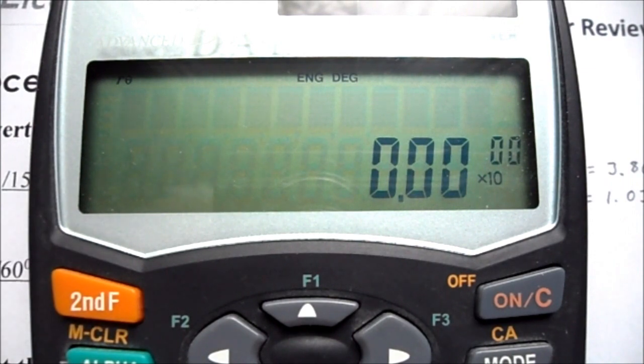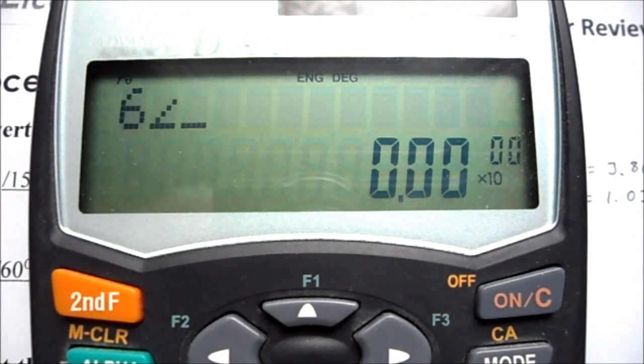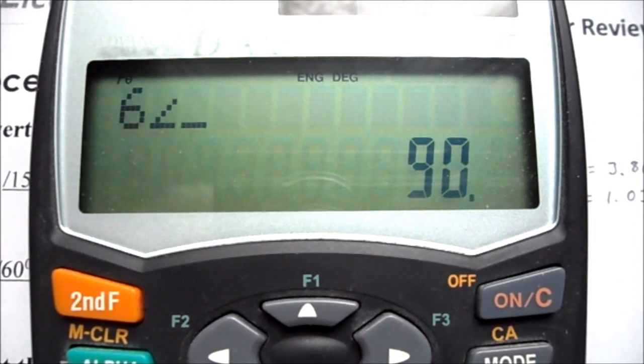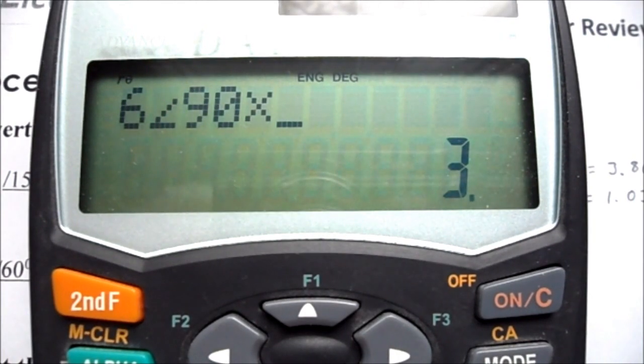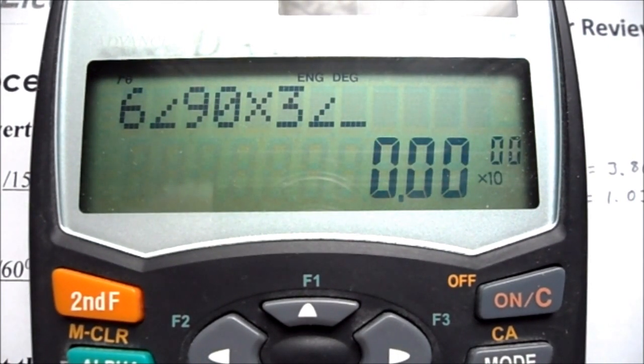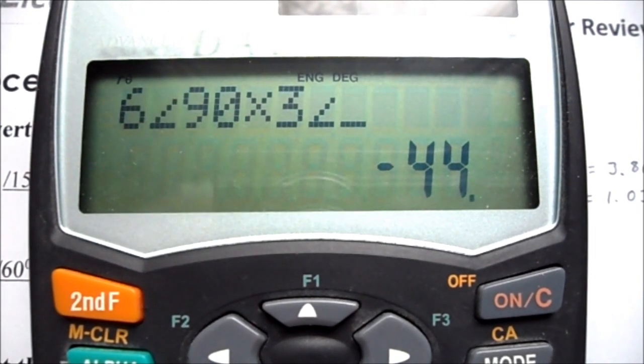So now I'm going to type in 6 angle 90 times 3 angle minus 44, and then I'm going to hit equals.